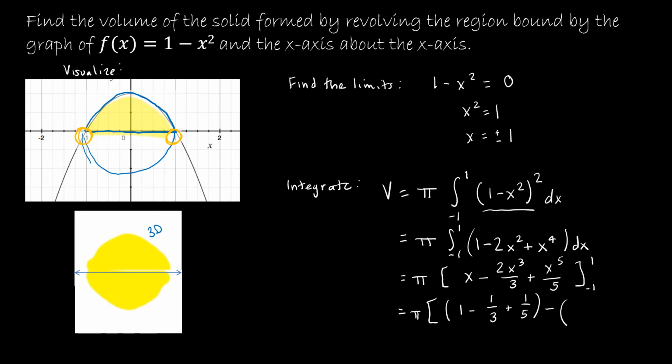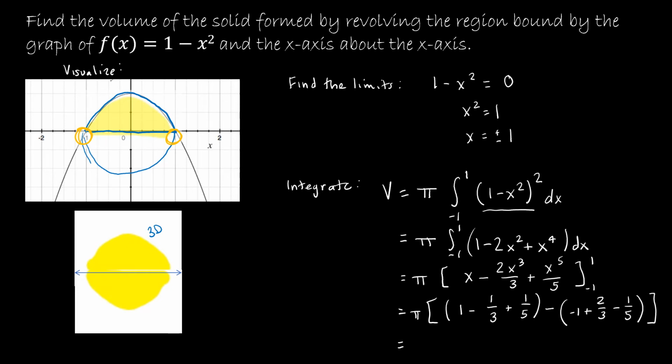I'm subtracting, and now I'm going to repeat for -1, so -1, and then minus 2 times -1 to the 3rd over 3 gives me plus 2/3, and then plus -1 to the 5th over 5 gives me minus 1/5.